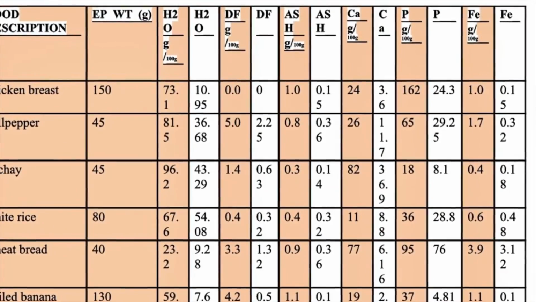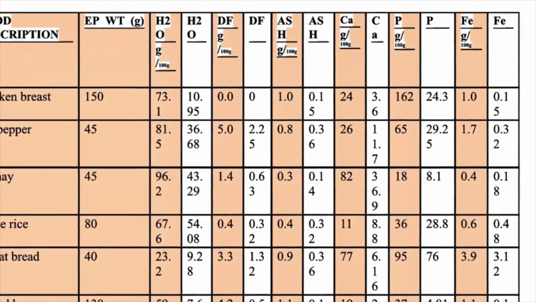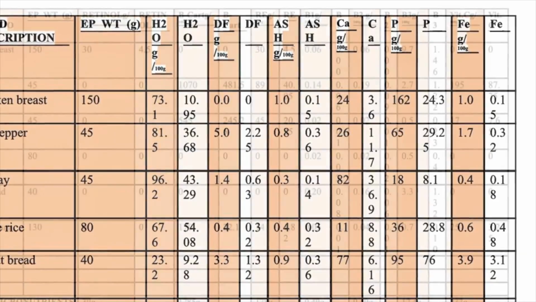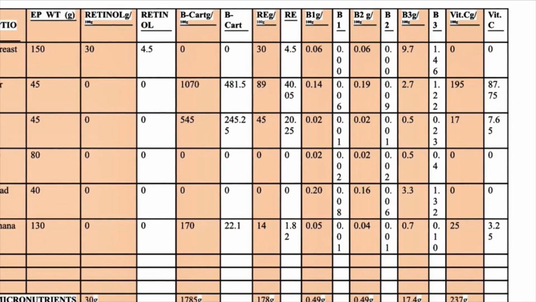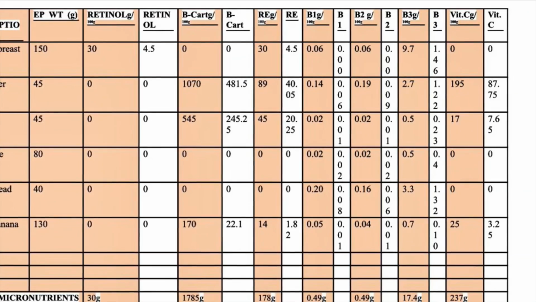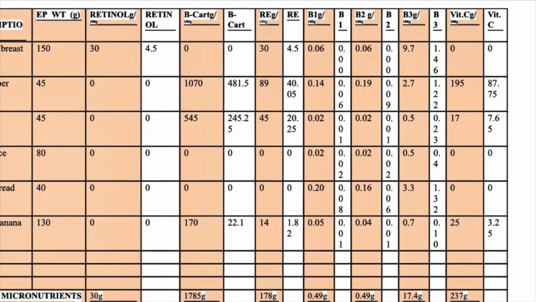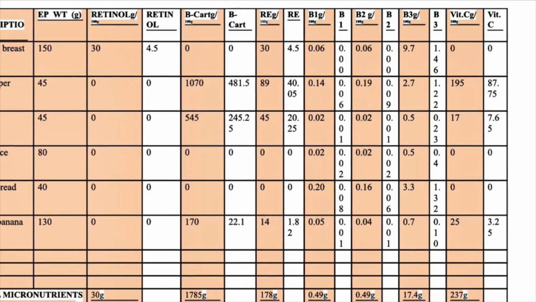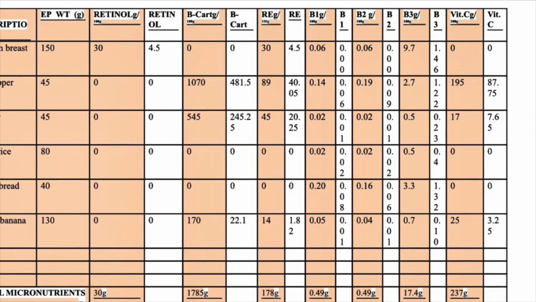After computing, they are added to get the total micronutrients, and the same goes with this table also. The food items are listed and nutrients are filled in. Then the corresponding EPs are determined with the given formula. Lastly, the columns are added to find the total micronutrients.